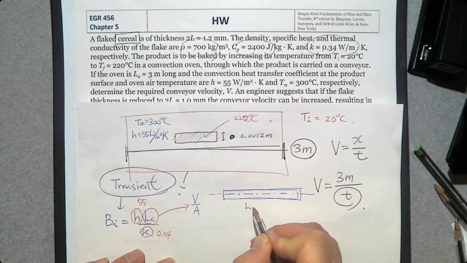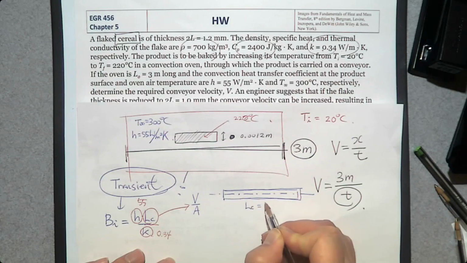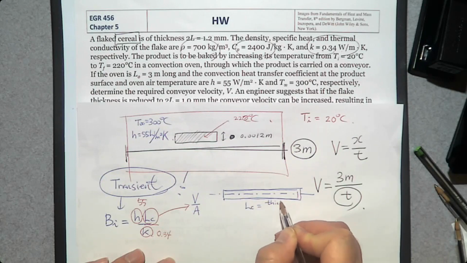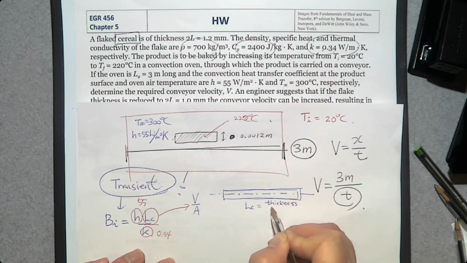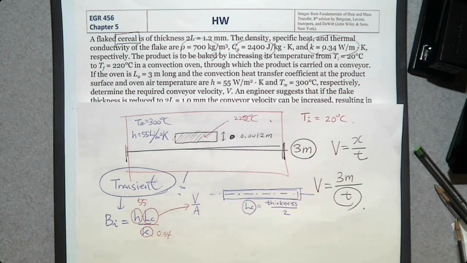So thickness divided by 2 is going to be the characteristic length, when you cannot determine V over area.